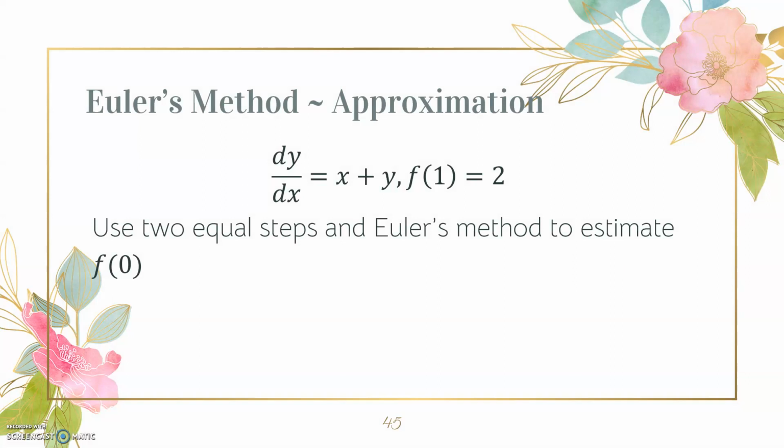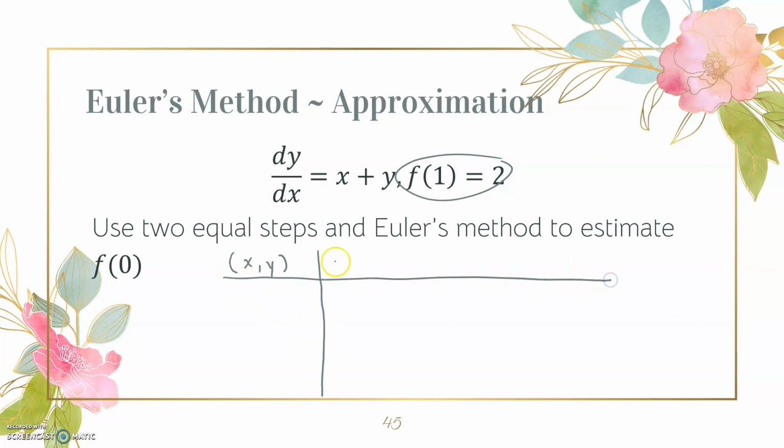Sometimes it's not possible to solve your differential equation, and in which case we might use an approximation technique called Euler's method. Euler's method is cutting it into tiny short line segments to approximate values of functions. The way this works is we start with our initial condition, so we're starting with f of 1 equals 2.